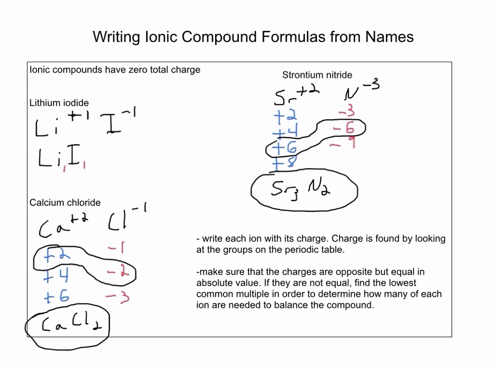And that's it. That's all you need to know to write these compounds from the name. So you write the ions with their charges, and then you figure out how many of each ion you need in order to have a balanced compound with 0 total charge.